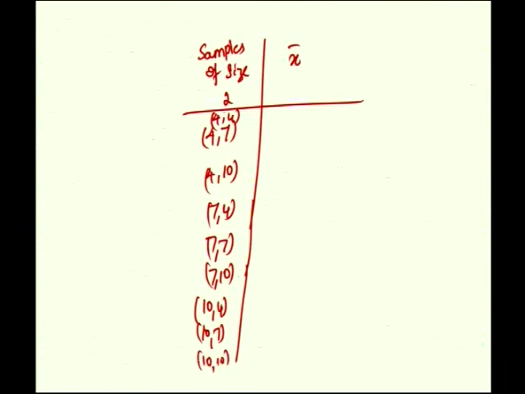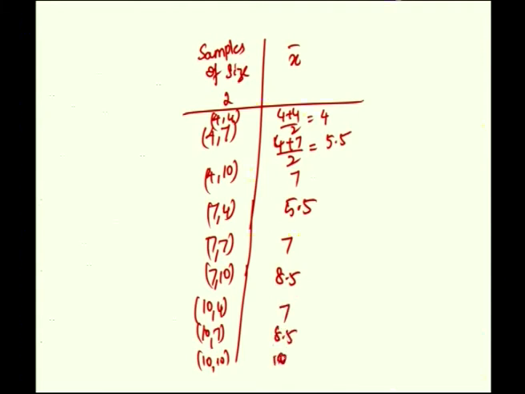What are their averages? 4 plus 4 divided by 2 is equal to 4. Next, 4 plus 7 divided by 2 is equal to 5.5. Like that, the x bar value is calculated: 7, 5.5, again 7, 8.5, 7, 8.5 and 10. So, this is written to calculate x bar for each sample of size 2.